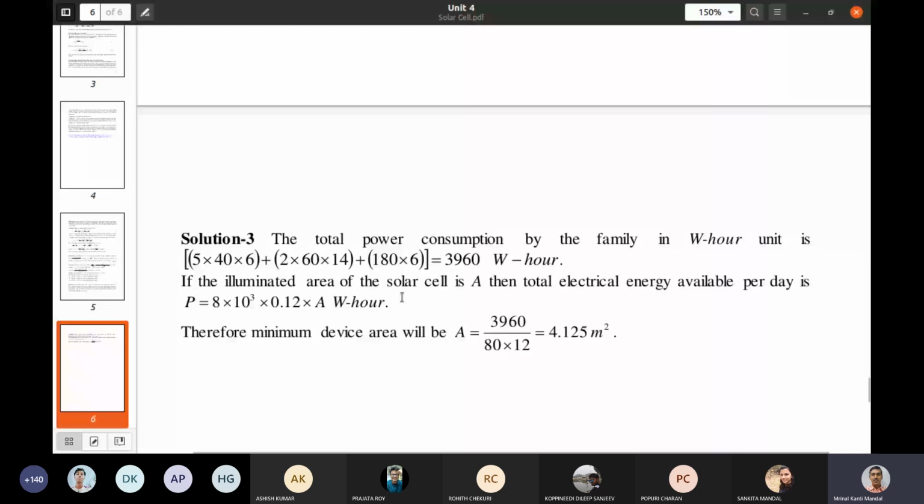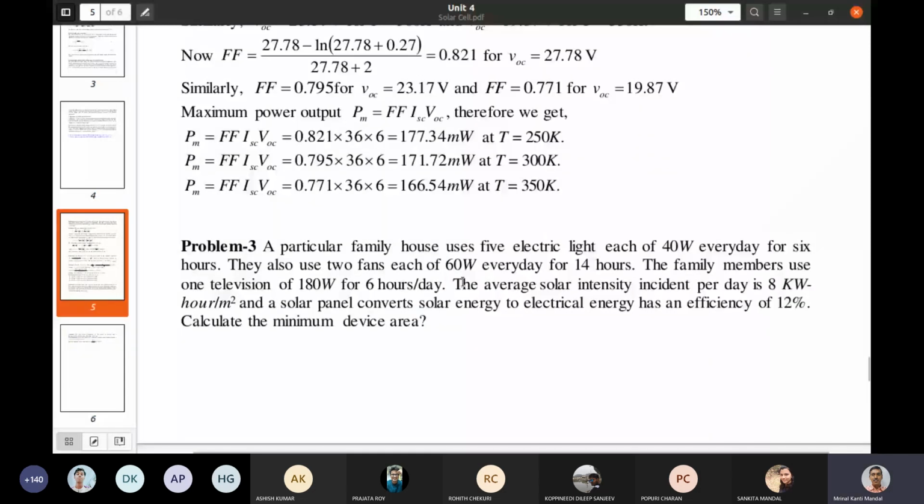So I want to stop it here. This is all about the solar panel, or solar cell, and its application. And I will share this note today, so you can download or read from this and prepare yourself, right?